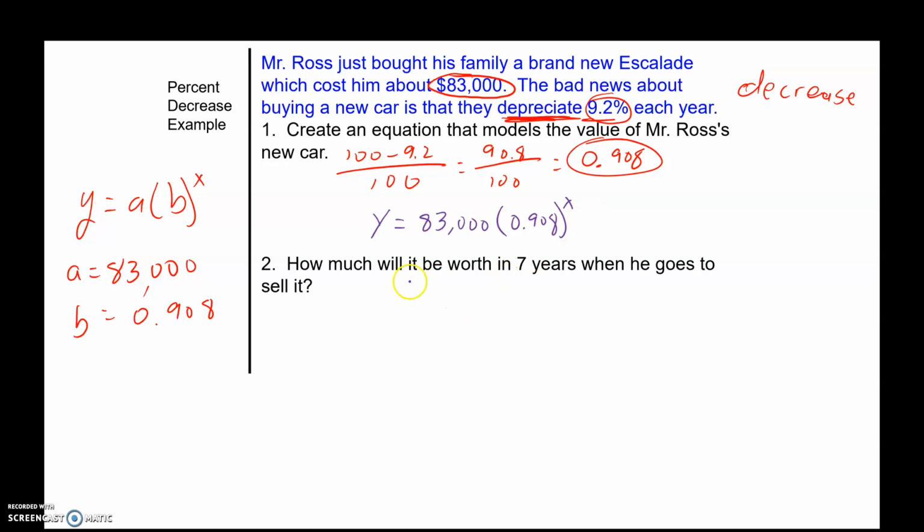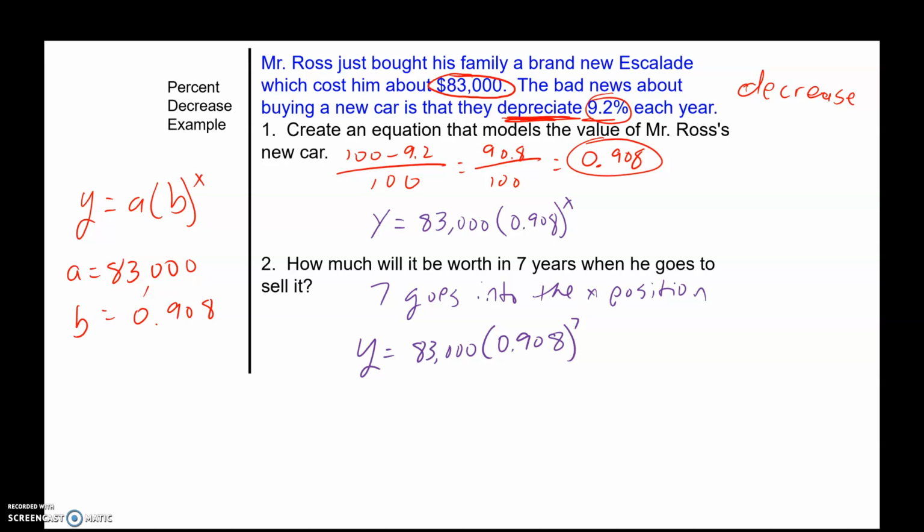We put 7 into the x position. So y equals 83,000, parentheses, 0.908. And instead of x, we've got 7, because x is the number of years.